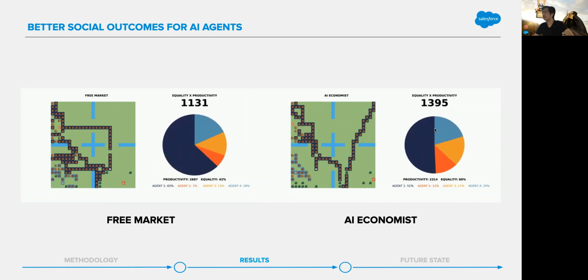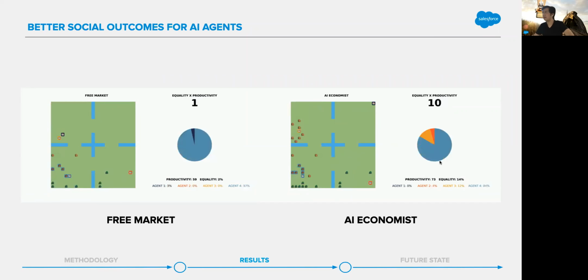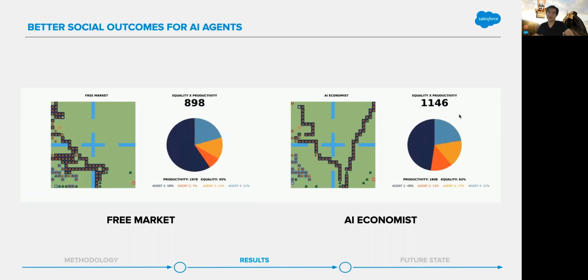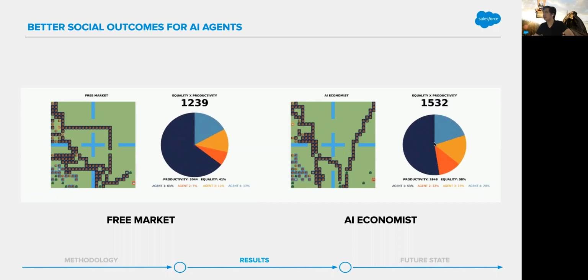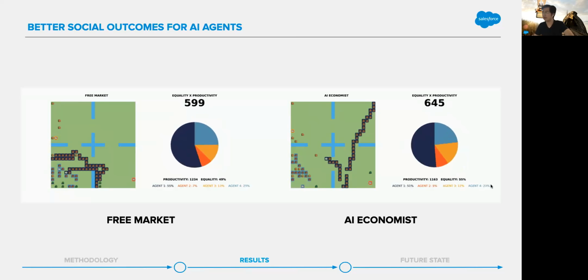On the right, you can see what happens when you use the taxes that the AI Economist discovers. You see that equality times productivity is much higher. It actually gets to 1,700. And you see that equality is better, because the dark blue agent gets roughly half of the pie in that world.